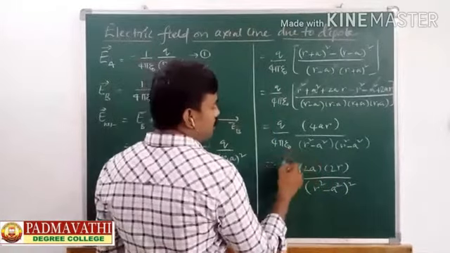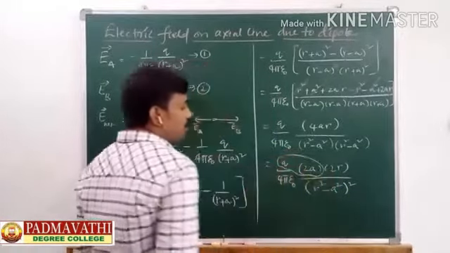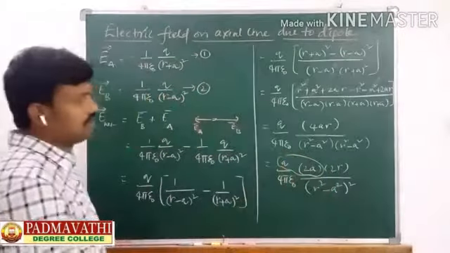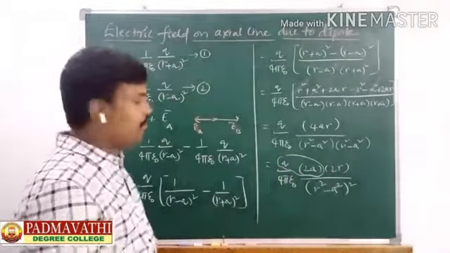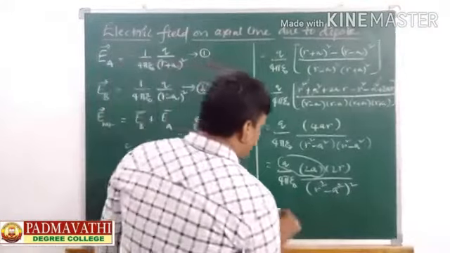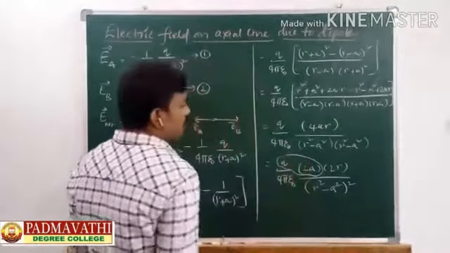And now here, what is Q into 2A? Q into 2A is nothing but, yesterday we have discussed about the electric dipole moment. So that electric dipole moment will be Q into 2A.